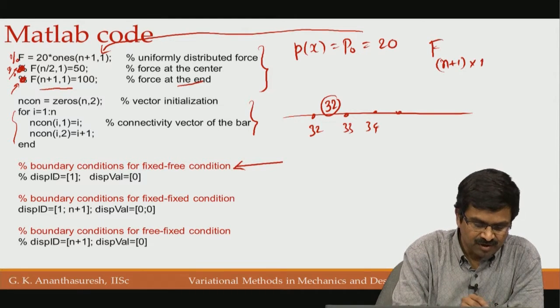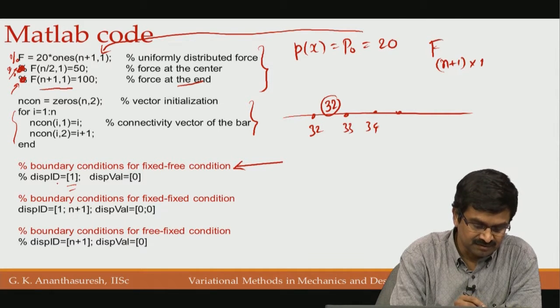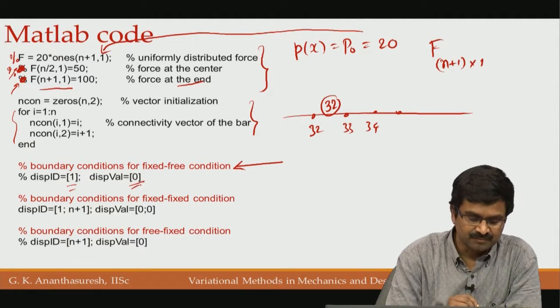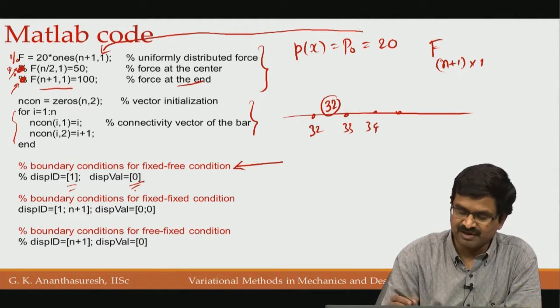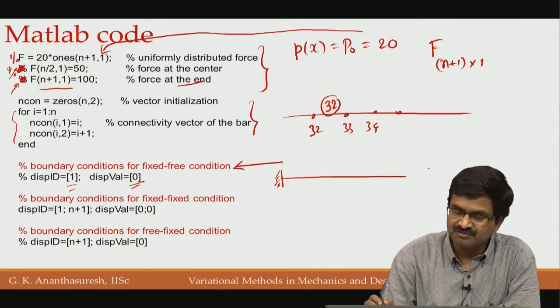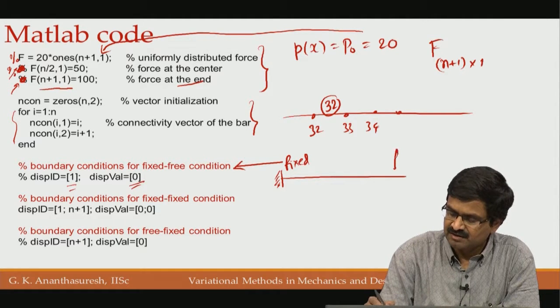If you see, we have boundary condition for fixed free, then disp ID 1, that is displacement boundary degree of freedom ID, for the first node value is 0, that is fixed, and free, that is we have a bar, this end is fixed, that end is free.